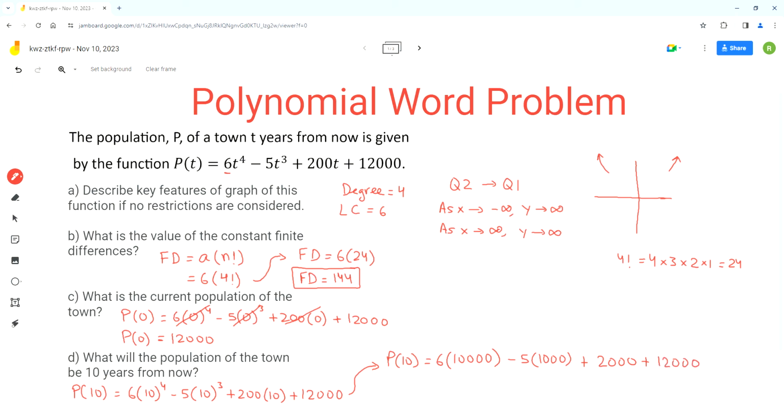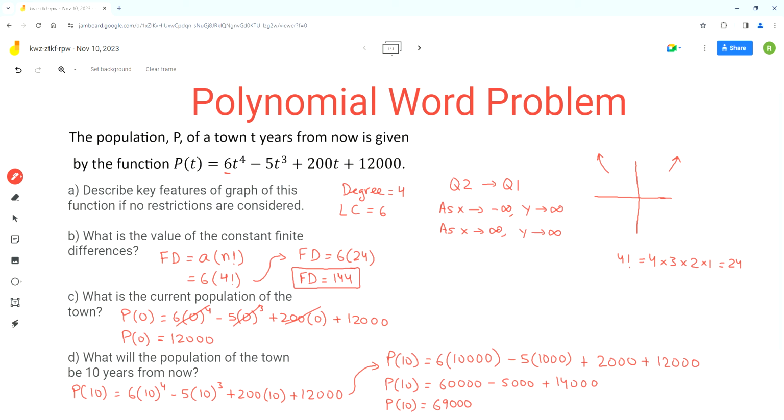Now we can simplify the terms further. So we get 60,000 minus 5,000 plus, 2,000 plus 12,000 is 14,000. Now we can add these terms to get our final answer, which is equal to 69,000.